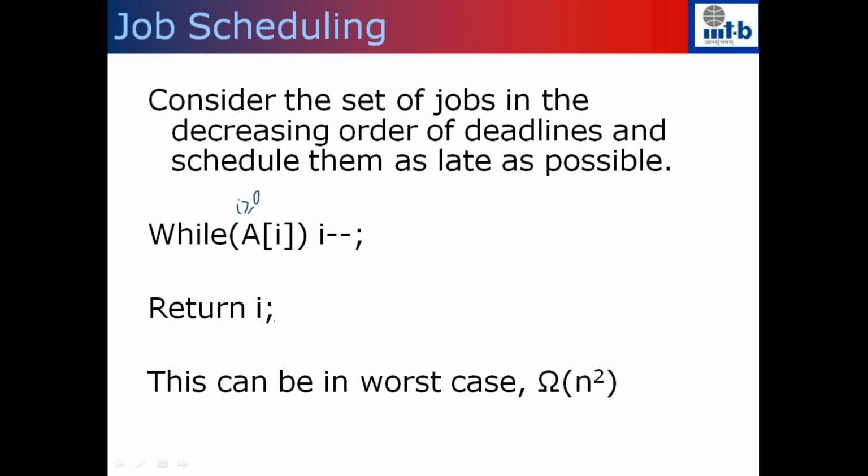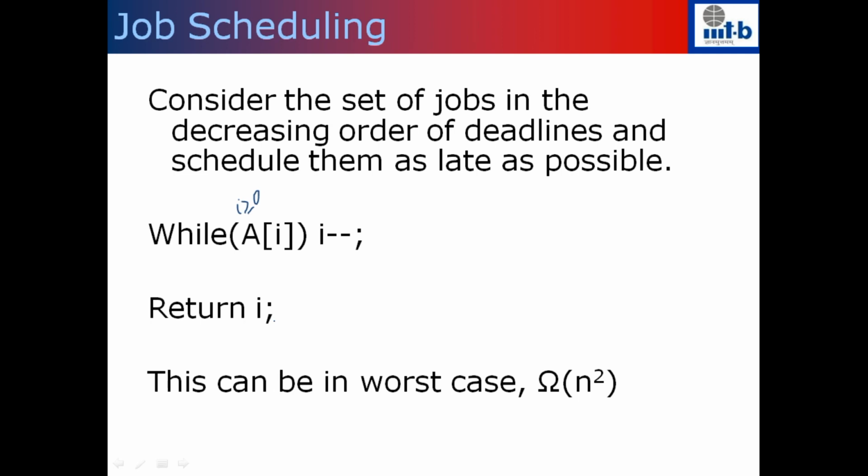So in order to answer every query, whether this job can be scheduled or not, when you consider the jobs in the decreasing order of the deadlines, if you look at this implementation, to answer every query you are starting with that index and going back till you find an empty slot. This can be, in the worst case, order n.